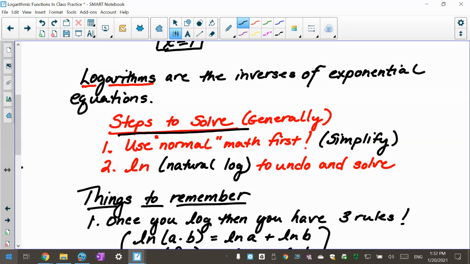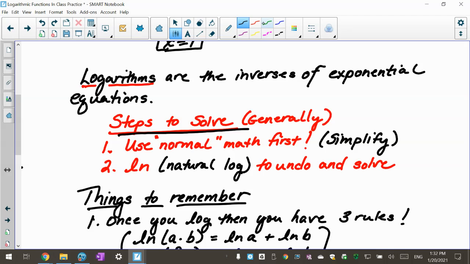What I mean by that is I want you to simplify using adding, subtracting, multiplying, dividing, and all the tools that you've been using your whole life in math to simplify an equation. Then when you get to the point where you have the exponential function isolated or you can't go any further, then I want you to natural log, ln, everything to undo and solve.